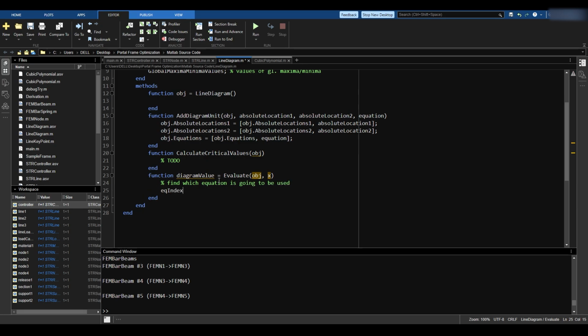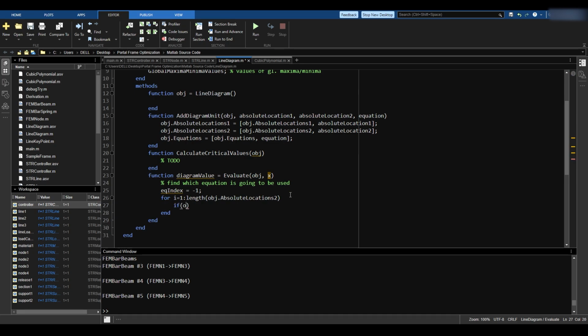Well, equation index in this case equals -1 first, and then I will loop for i from 1 all the way to the length of object.absolute locations 2. So I'm cycling through all the absolute locations 2. Now I'm going to ask a question.